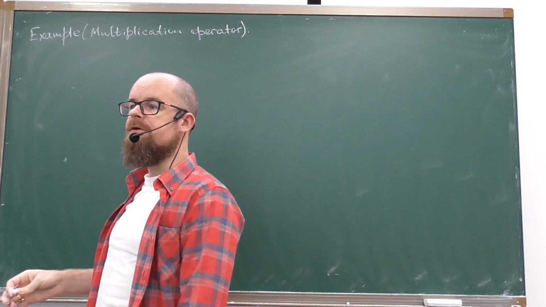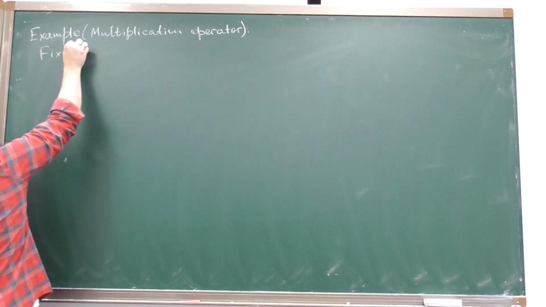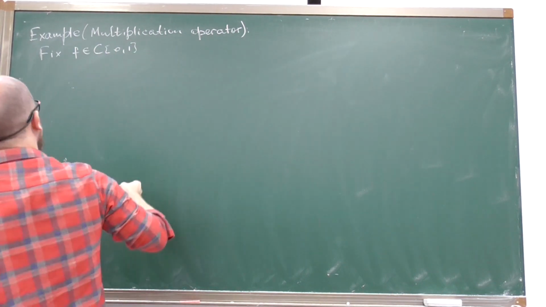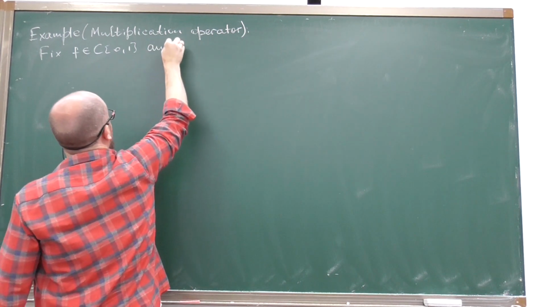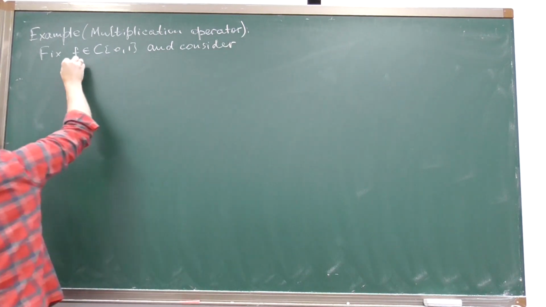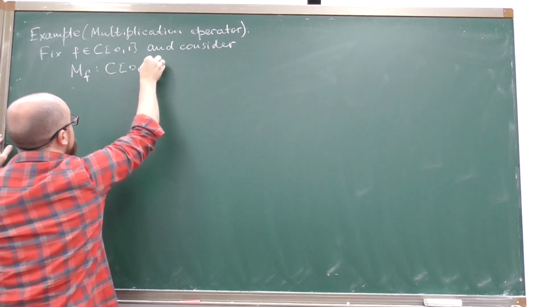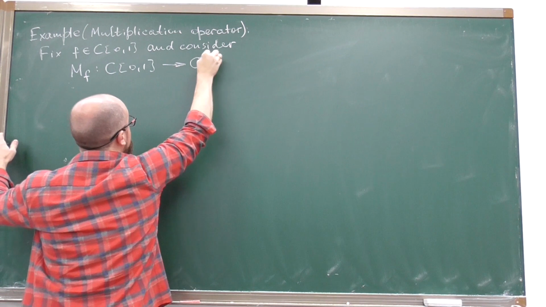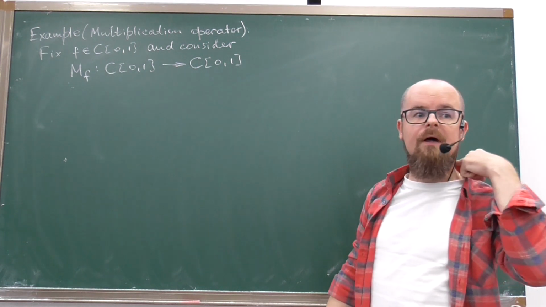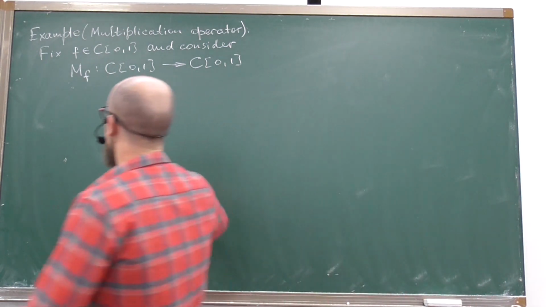So let us fix a continuous function f on the interval 0, 1, and consider an operator M sub f from this space to itself. And let me note that we equip this space of continuous functions with the uniform norm.